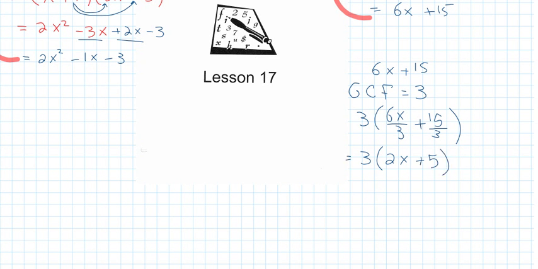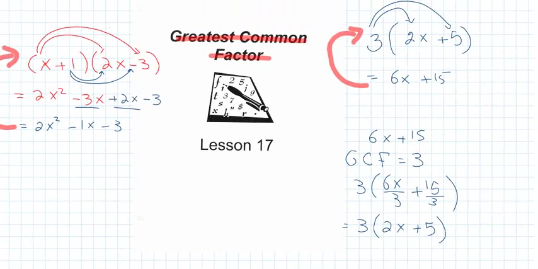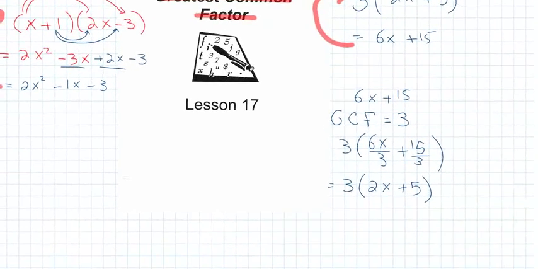Is that the same thing as what I started with right here? Yes. So you see how I was able to go from here to here by taking out a greatest common factor. So you're going to have to look at a number that you can multiply both or all terms by.